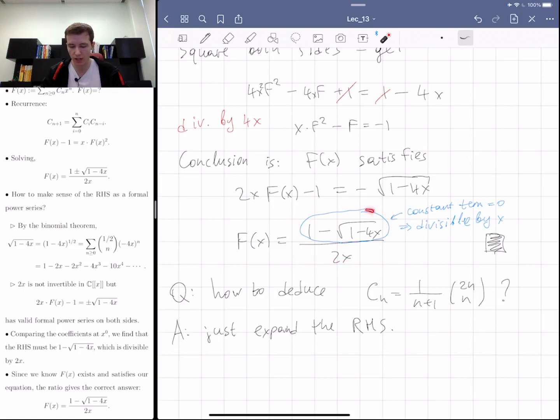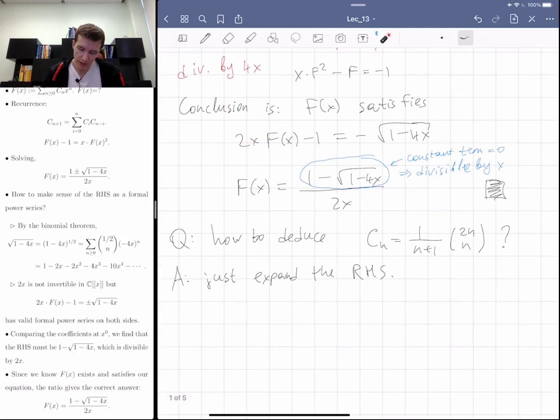I just pull x out of the summation, and then I cancel it with the x in the denominator. So the point is that if you just expand the right-hand side, I have 1 over 1 minus this guy, the square root, so I already know how to expand the square root. I have an explicit formula for these binomial coefficients.